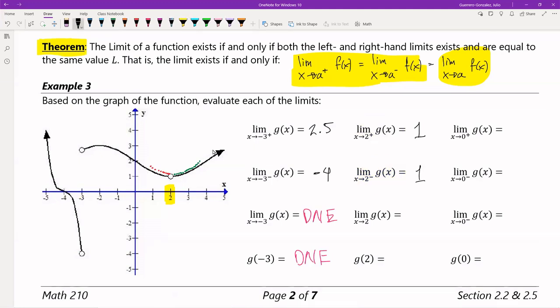Since both of those limits are equal, the flat limit has to be equal as well. Got it? Now, if we take a look at g of 2, that does not exist. So the function is not defined at that point, but the limits do exist. The function values before and after are heading towards something. Got it? Okay, last example.